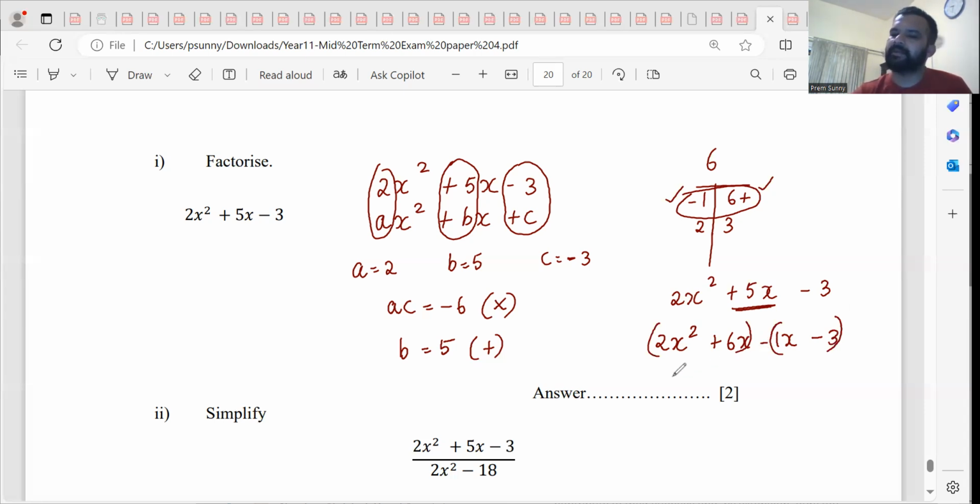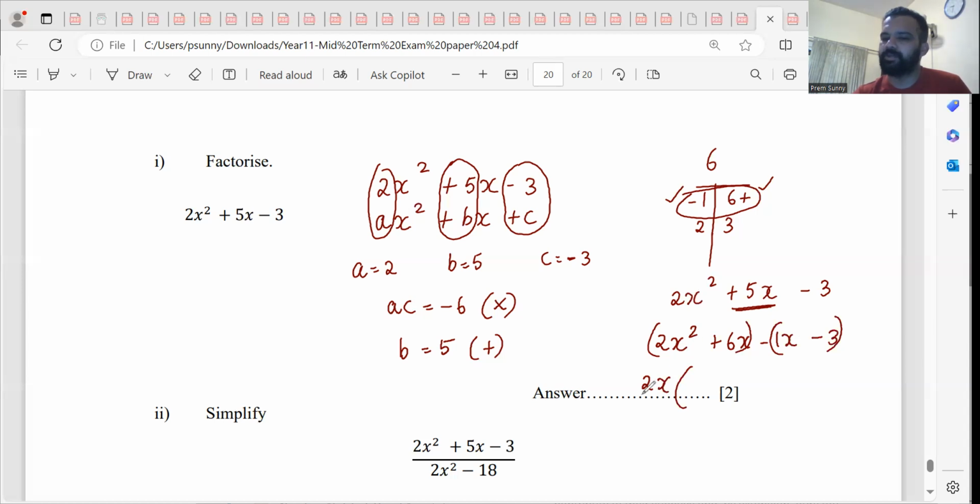Now, take the common things outside. In 2x square plus 6x, 2 and 6 both come in the 2 times table, so 2 is common and I'm taking 2 outside. x square and x: x is common. In the first term, what else is remaining?